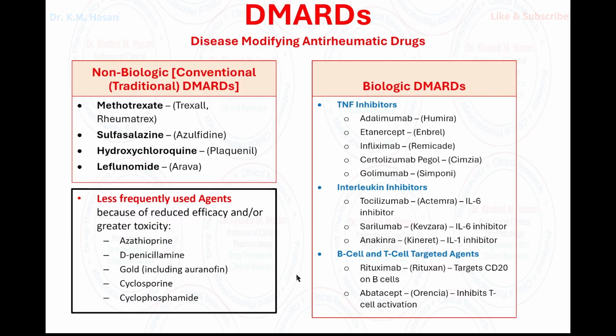Okay, moving to the DMARDs, this is maybe the core treatment of rheumatoid arthritis, the major treatment, and again DMARD stands for disease modifying anti-rheumatic drugs. We have two main categories for DMARD. We need to remember we have biological agents, then we have non-biological agents.